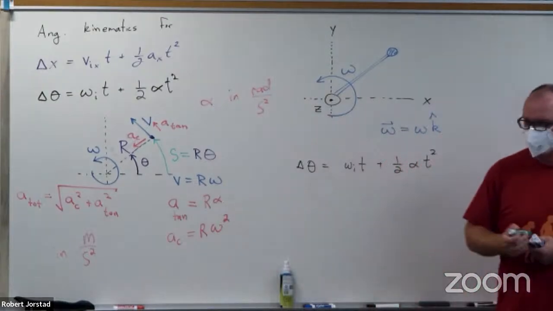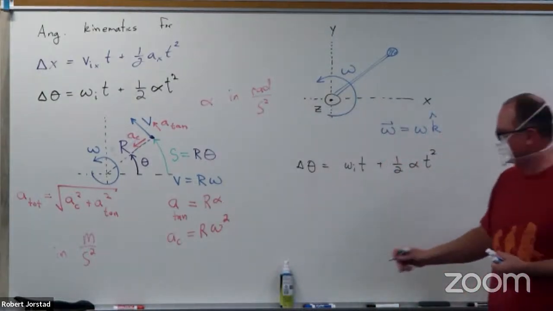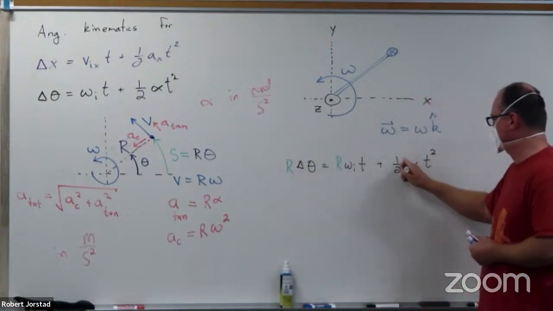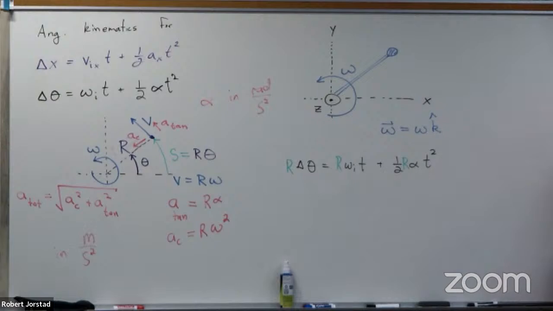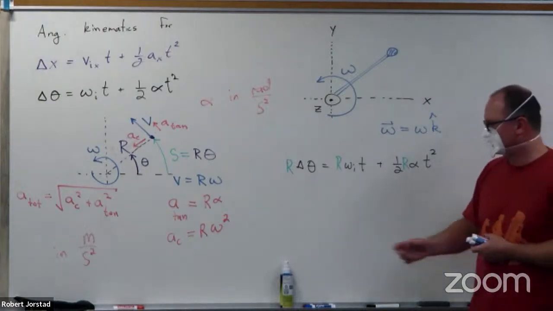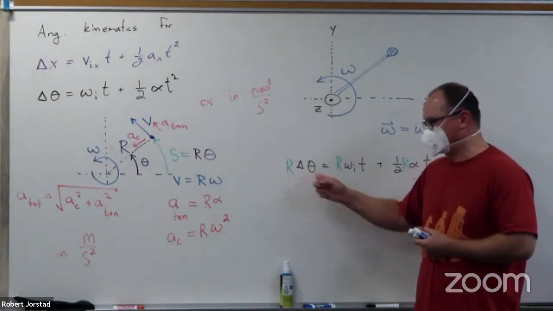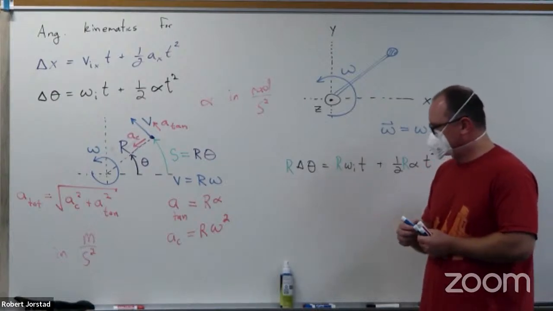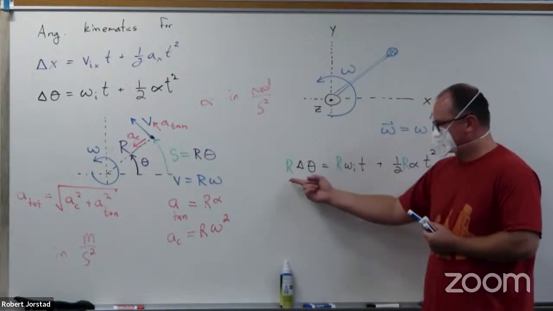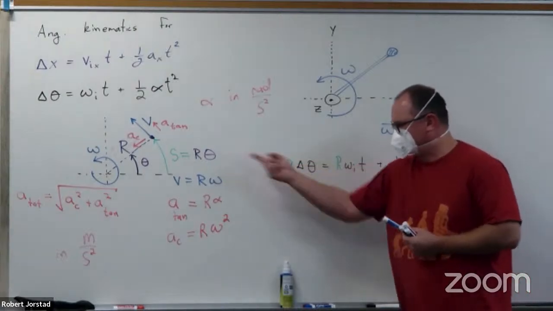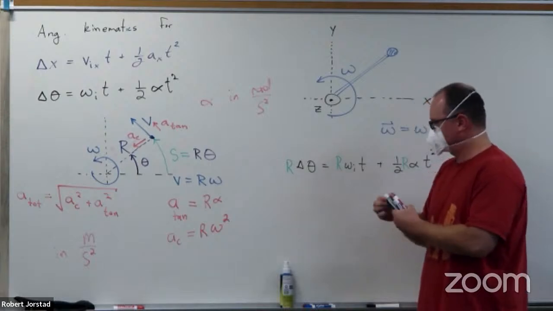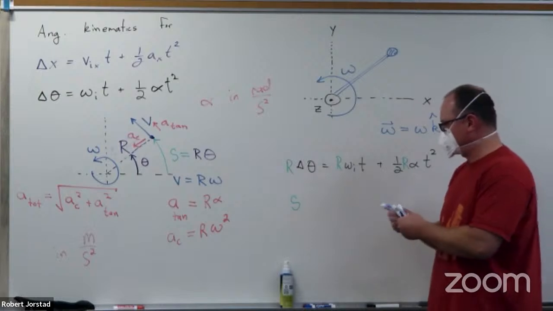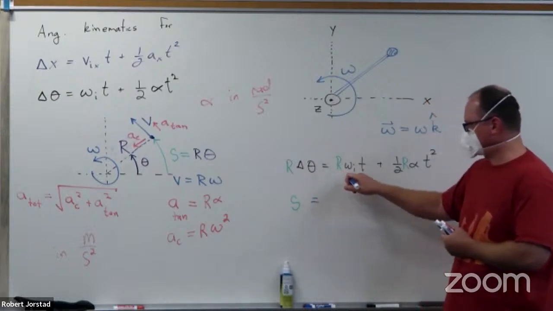What I would like to do is, for no good reason, multiply every single term here by the letter R. When I do that, what's a good name for R times the change in angle? Arc length, S. What's a good name for R times omega?